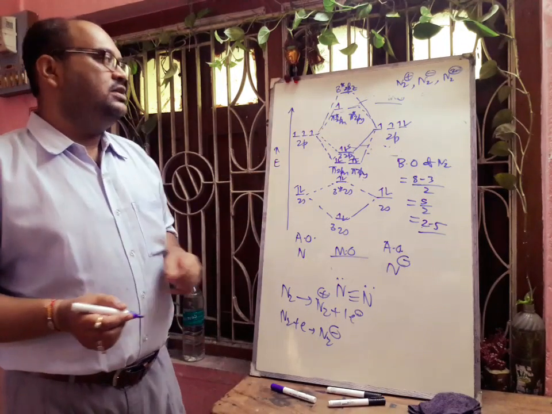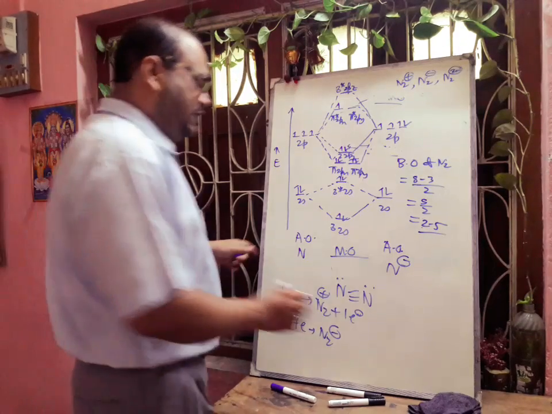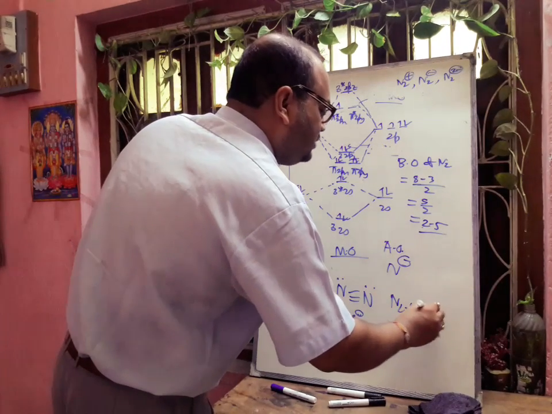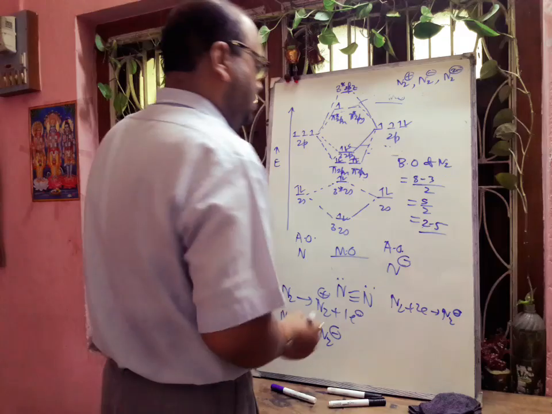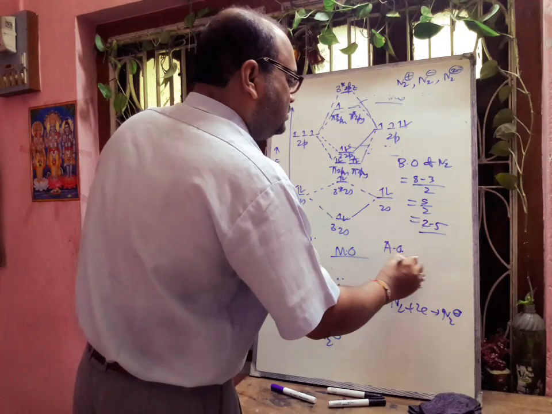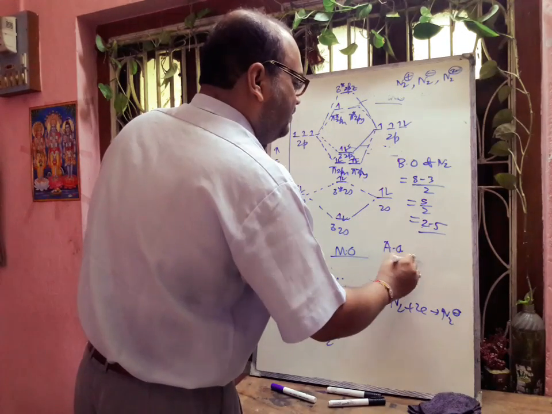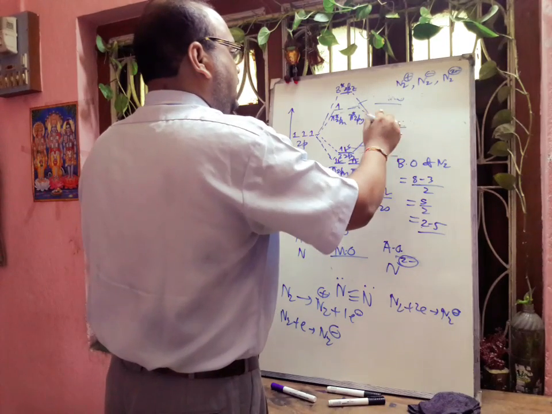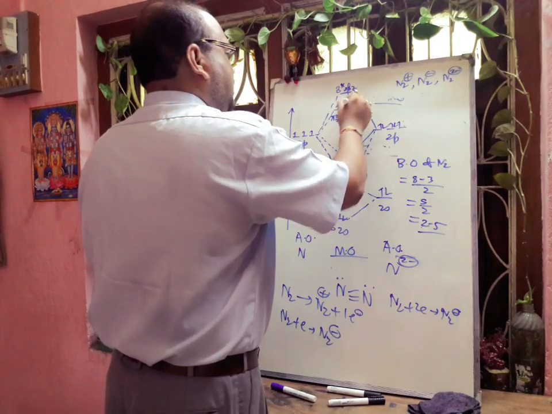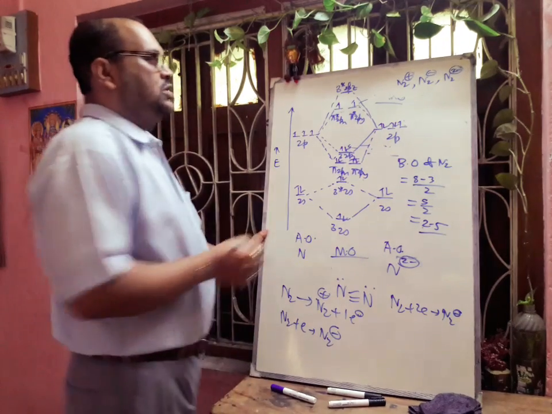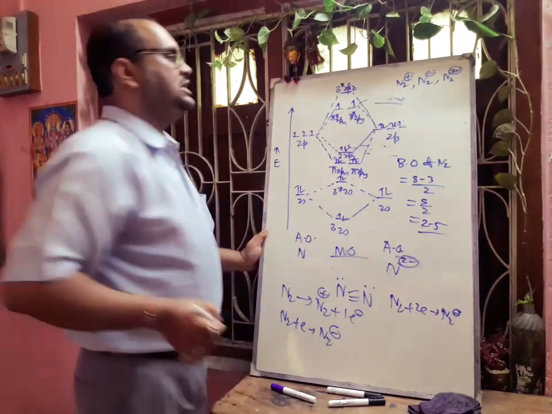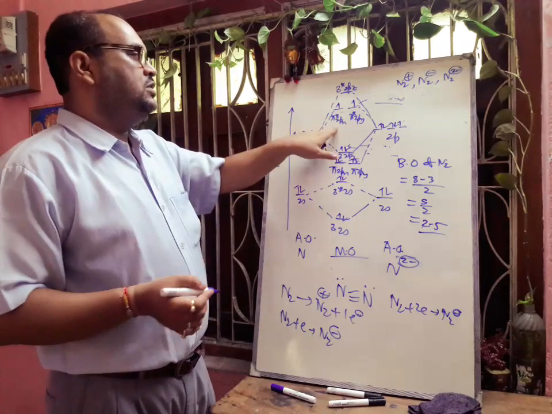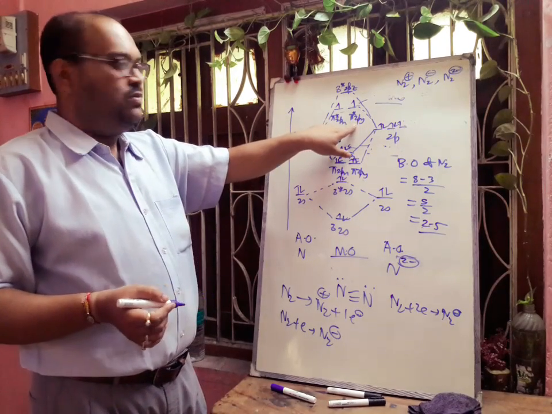And here if we consider N2 2 minus, then this nitrogen molecule will accept 2 electrons. So N2 2 minus, we are showing in the same diagram that here we have to add one more electron. Here is one electron, so another electron will come here. Okay, so now this one is HOMO, the highest occupied molecular orbital, pi star 2px and pi star 2py.